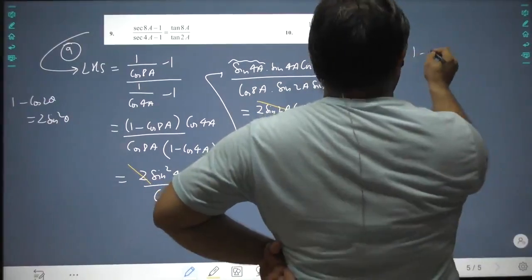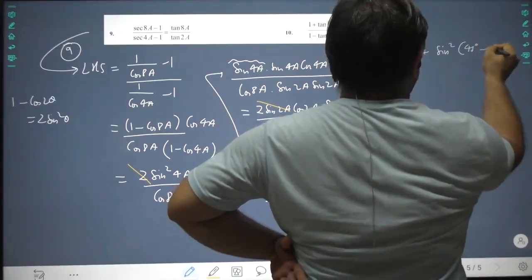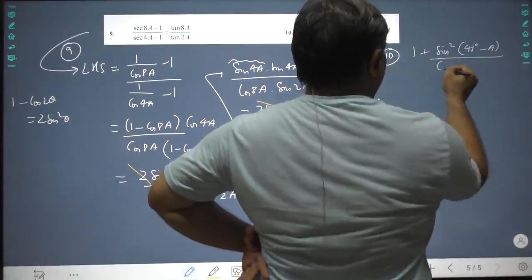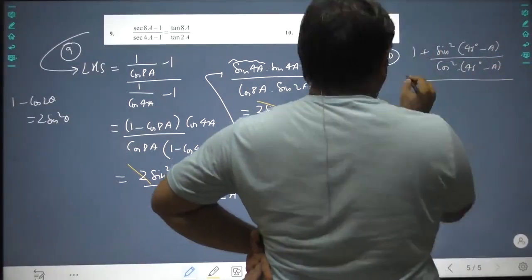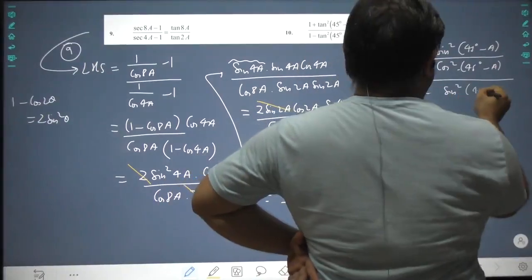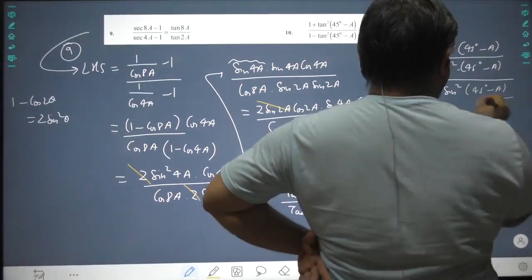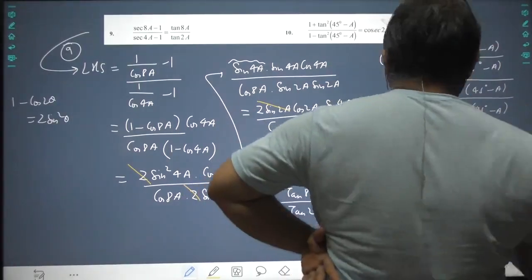This is what my guru told, so I am doing it. This is 1 plus sine square of 45 degree minus a whole upon cos square of 45 degree minus a, and here also 1 minus sine square of 45 degree minus a whole upon cos square of 45 degree minus a.